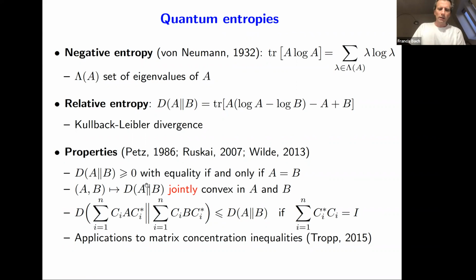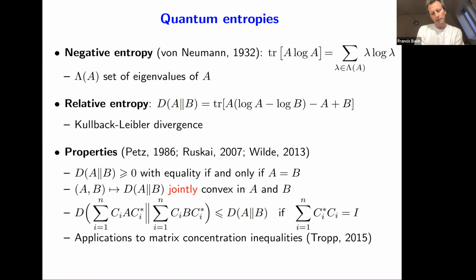There are other properties which I will not focus on too much today, related to what people call the operator Jensen inequality or quantum measurements. You have other inequalities if you apply other operations. In quantum mechanics, if you have a set of matrices which satisfy this, then this defines some form of quantum operation that preserves something, and then the information tends to decay when you apply the operation.